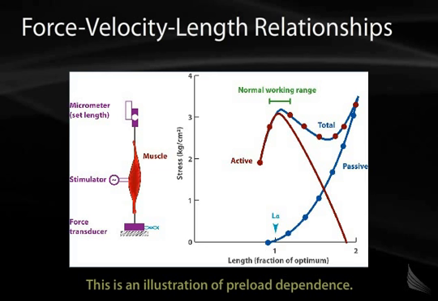If one were to look at this function, it looks quite complex. It looks like there are two peaks, an early peak and then a later peak. The reason there are two peaks is because there are two separate processes responsible for the tension produced by this muscle.